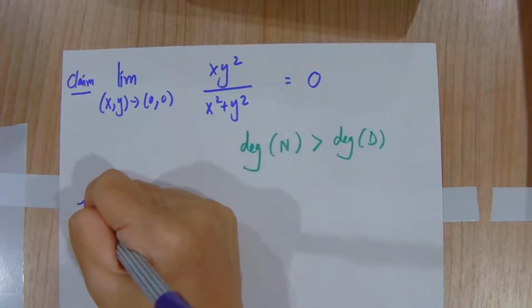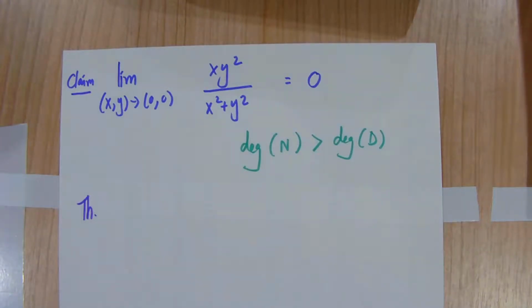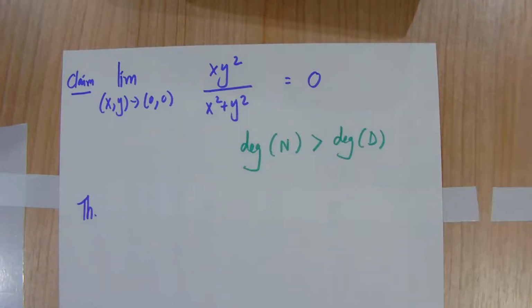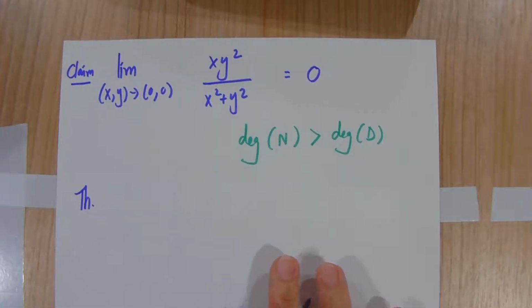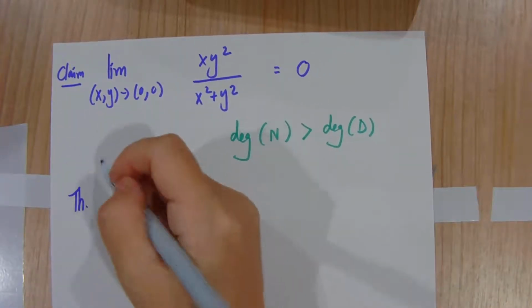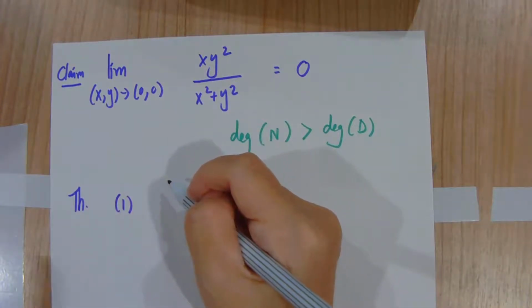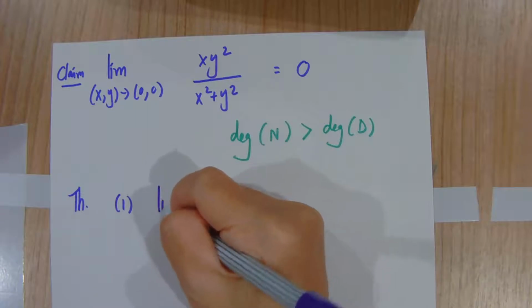Okay, so we just choose the theorem. You can see in your note, the theorem states that you have to check 2 conditions.